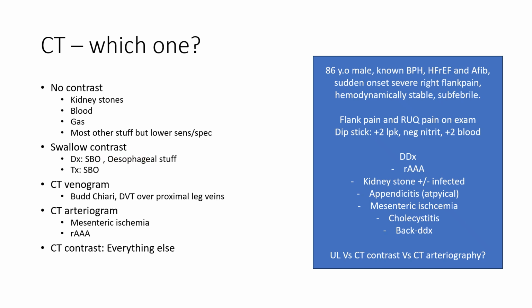Then you have your CT venogram. It's not as often utilized, but if you have a DVT that is going proximal, it doesn't stop when the leg becomes the abdomen, and you cannot follow it with the ultrasound.